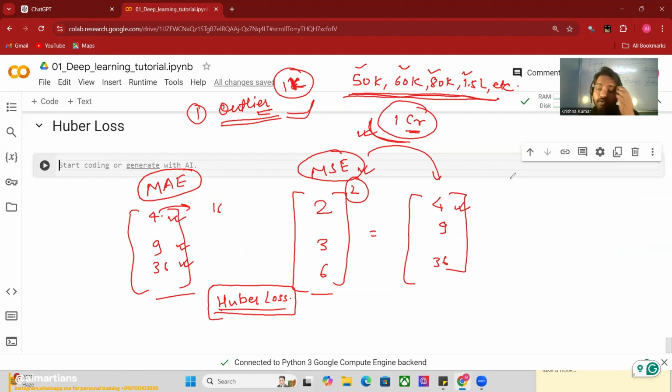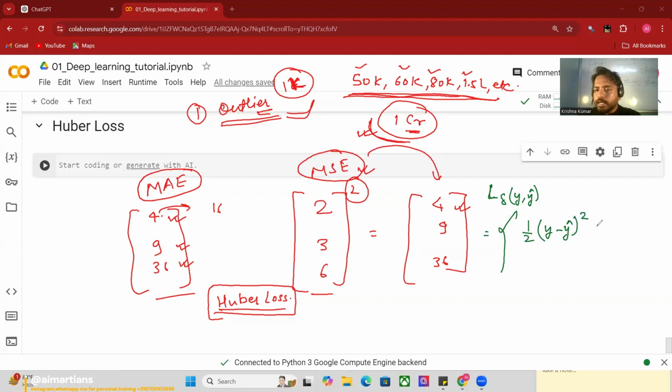Let me write down the formula of Huber loss. Loss L delta (y, y cap). There are two scenarios. The first one is 1 upon 2 times (y minus y cap) squared.